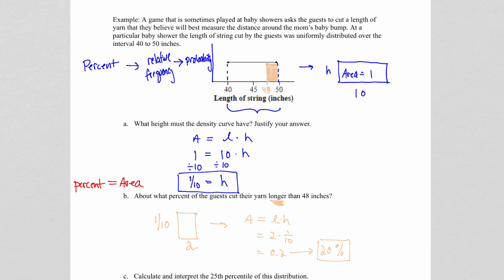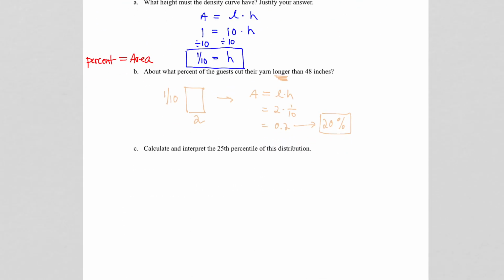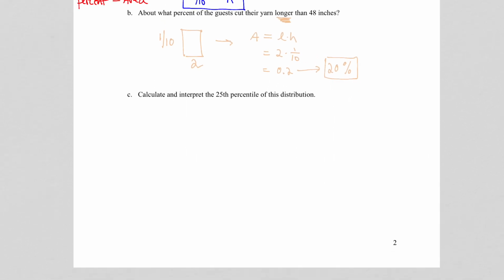Let's use a different color that's not peach. So now we're going to look at the last part of this question. Calculate and interpret the 25th percentile of this distribution. So I'm going to redraw this distribution down here just so I don't have to be going back and forth. So this was going from 40 to 50.